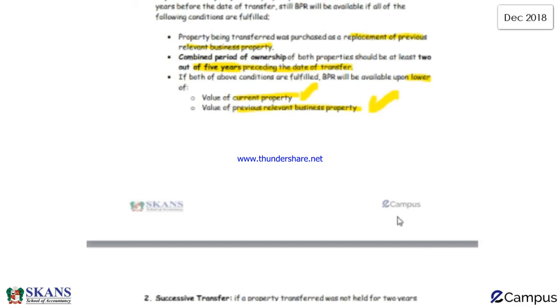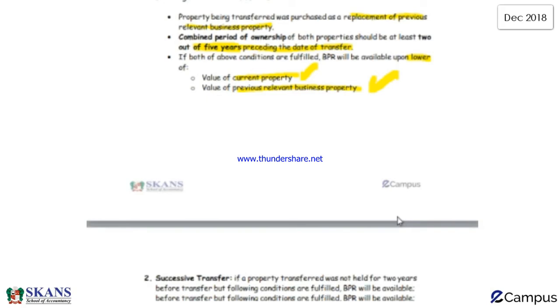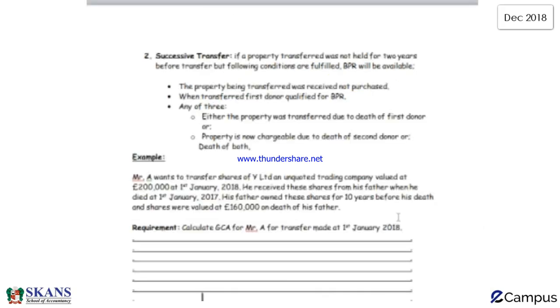That applies when someone says that he is transferring an asset which has not been held for a complete 2 years, but he acquired this asset by succession from someone else. So this asset was actually received by your client. It was not purchased by him. He received it from someone, and that someone, when transferring this asset to your client, was qualifying for BPR.